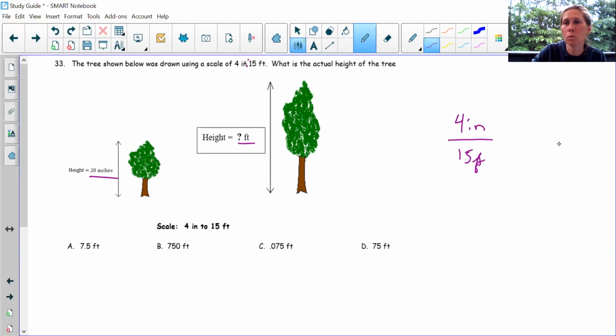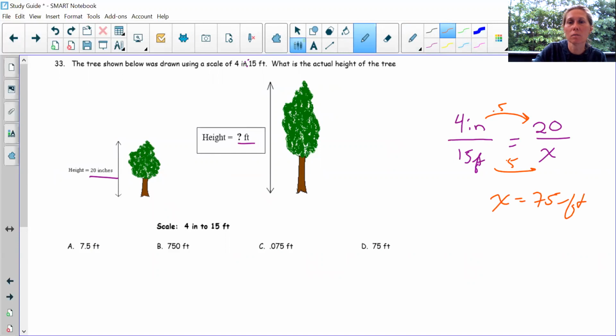Where is the 20 going to go? 20 is going to go on top because that's the smaller, the scale. And I need to know the actual tree. Well, this is an easy one. 4 times 5 is 20. So 15 times 5 is 75. So x equals 75 feet.